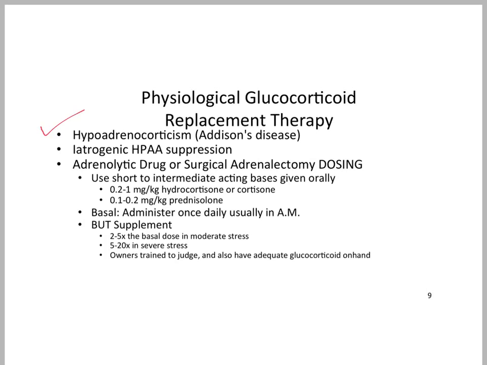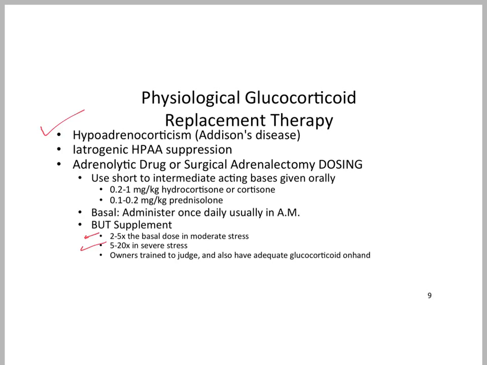So when they come to you, or definitely if they go to surgery, remember, glucocorticoids can be elevated for a week after a surgery. So we have to anticipate this and increase the doses of glucocorticoids at this period of time. It's really a judgment call, but you have to train the owners to judge this.